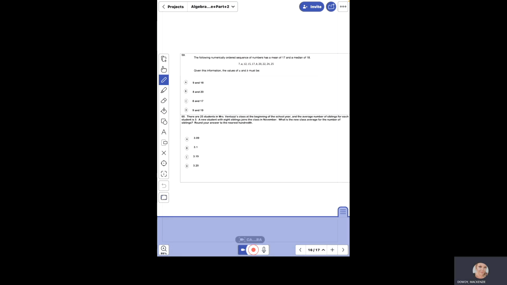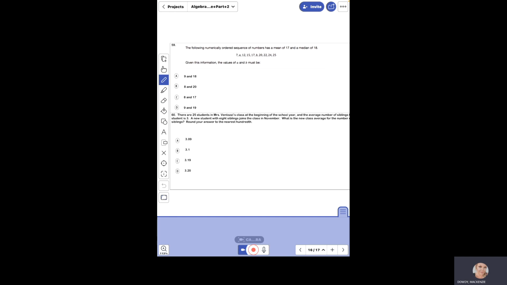The following numerically ordered sequence of numbers has a mean of 17 and a median of 18. Given this information, the values of A and B must be... So you can plug all of these in and divide.